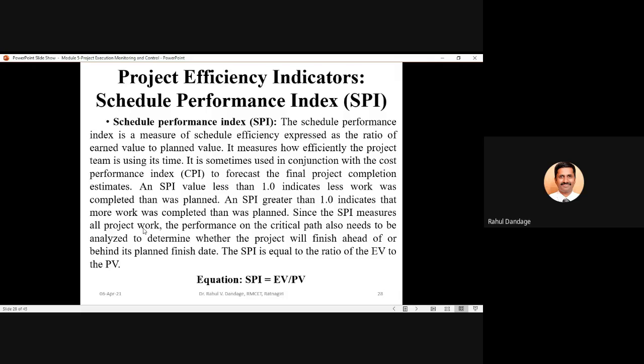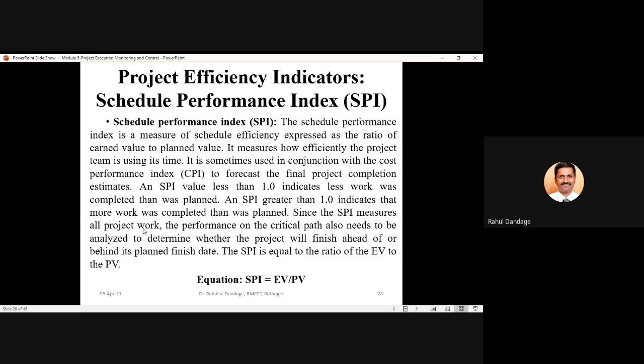Since the schedule performance index SPI measures all project work, the performance on the critical path also needs to be analyzed to determine whether the project will finish ahead or behind its planned finish date.